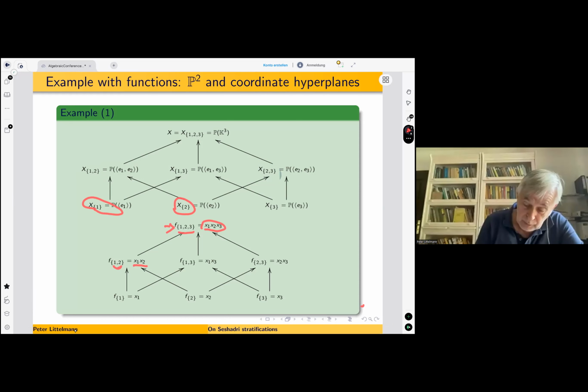So 1,2 is not compatible with 1,3. But X1X2, well, X2 vanishes, so my function vanishes exactly on this one, and X1 vanishes exactly on this one. So we see that also the condition S2 is satisfied in this case.